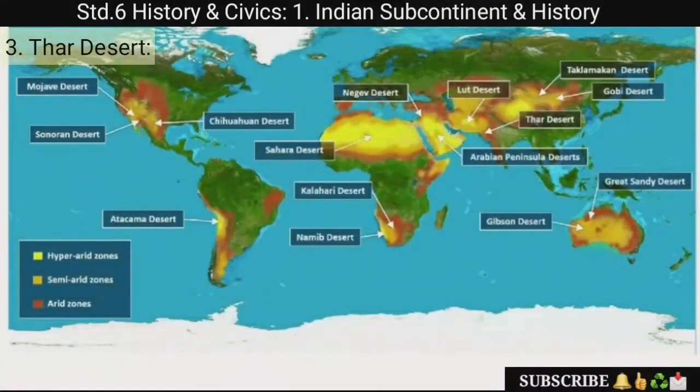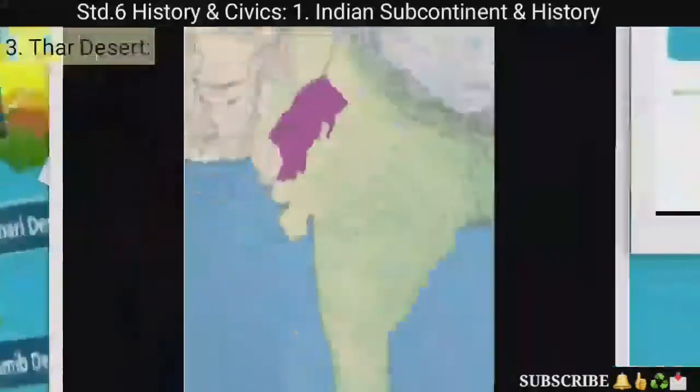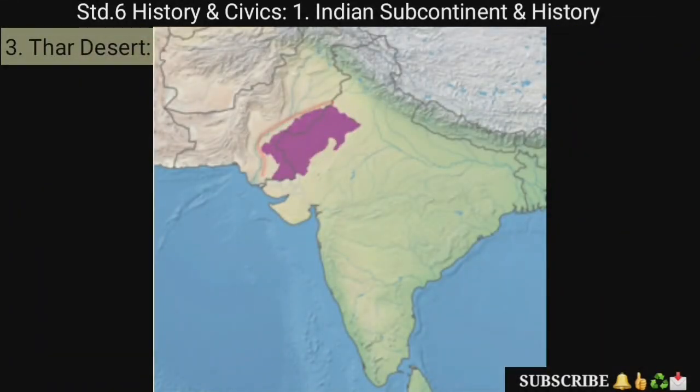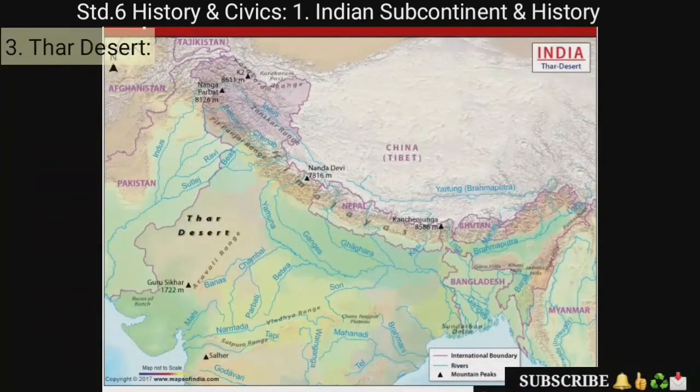It is the world's 17th largest desert and the world's 9th largest hot subtropical desert. A part of the desert lies in today's Pakistan. The desert has the Satluj River to its north, the Aravalli mountain range to its east. So let's have short information about the Satluj River and the Aravalli mountain range.